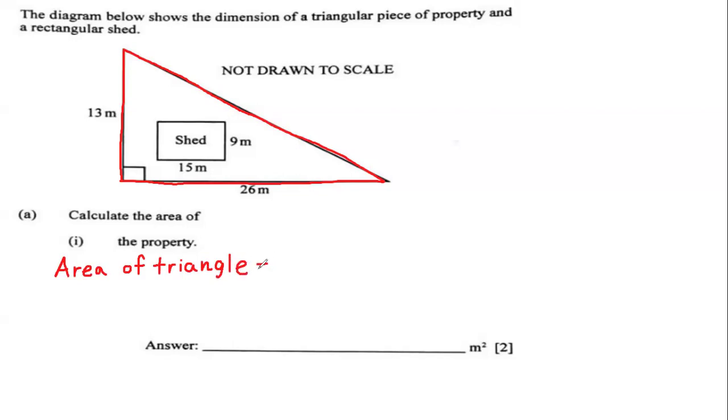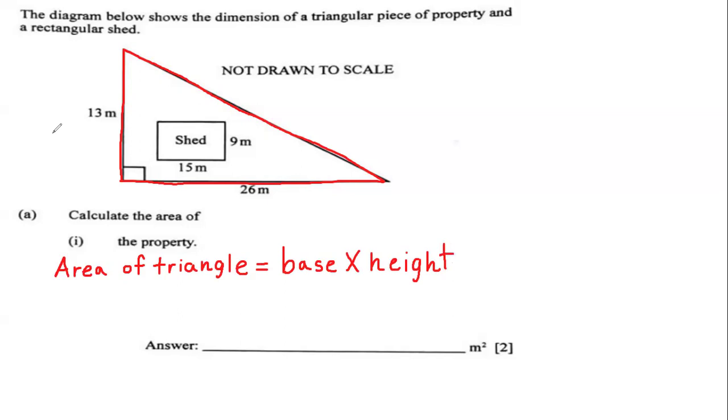So the area of a triangle is going to be equal to the base of the triangle, multiplied by the height of the triangle, divided by 2.